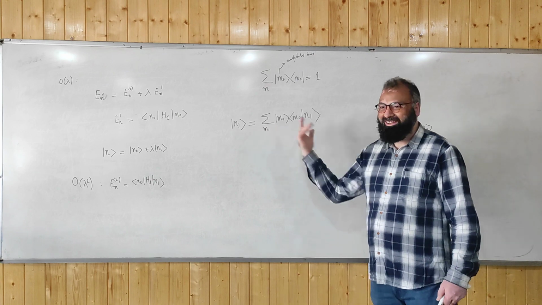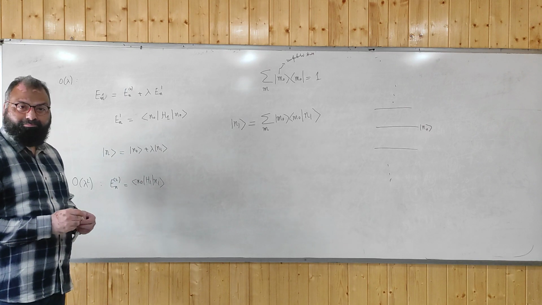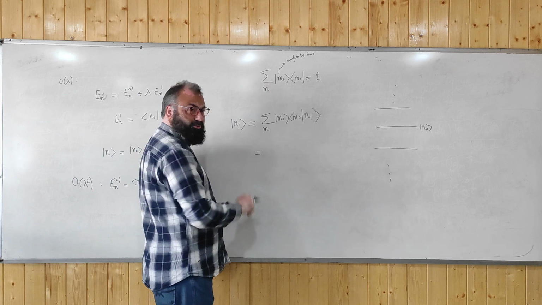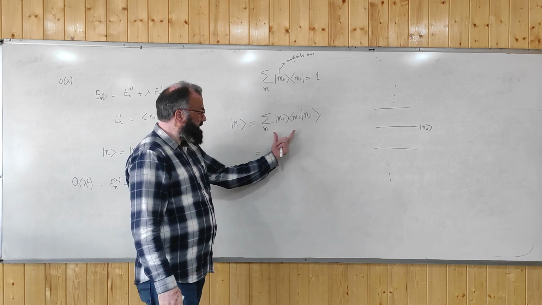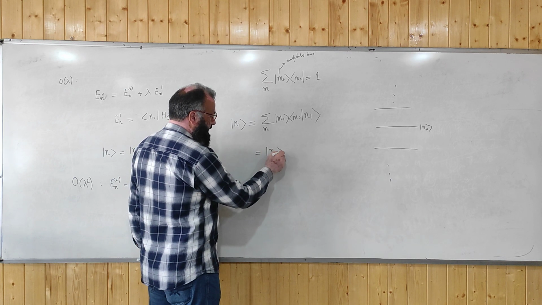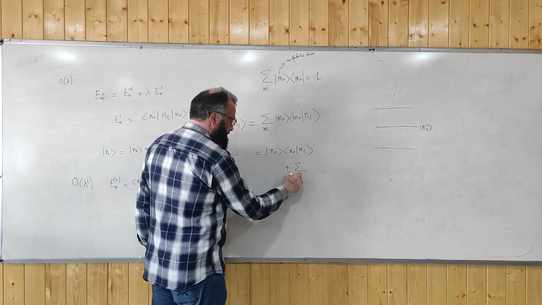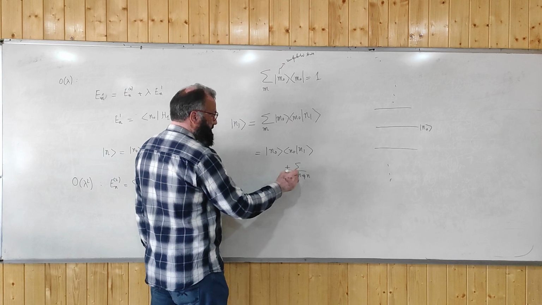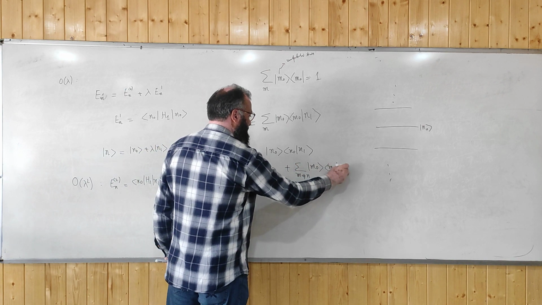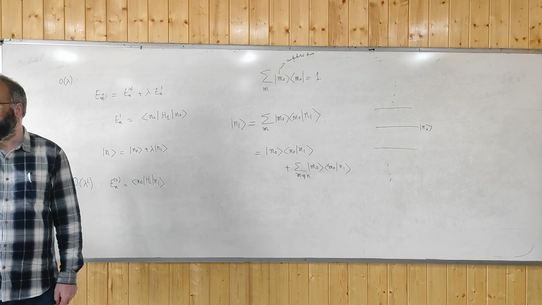This object is 1 and 1 is back, so there is a sum over M. Now let's take out a term, M equal to N, from this sum. So it is N0, N1 plus the summation over M not equal to N. Now this sum does not contain the M equal to N term. Clear? Got it?